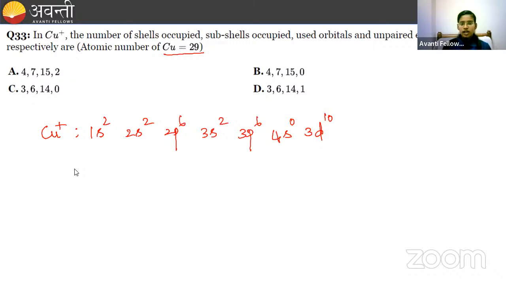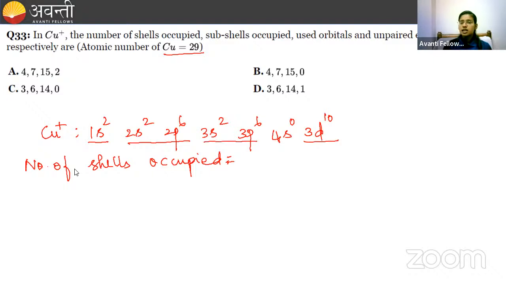Now we have to find out the number of shells occupied. So here if you see the shells which are occupied by the electrons for copper plus, we have shell number 1, shell number 2, and also electrons in shell number 3. So the number of shells occupied is 3.